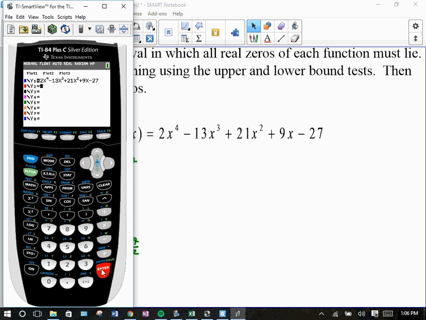Alright, we're going to graph it. Alright, so let's do Zoom 6 real quick just so we can zoom in on that.